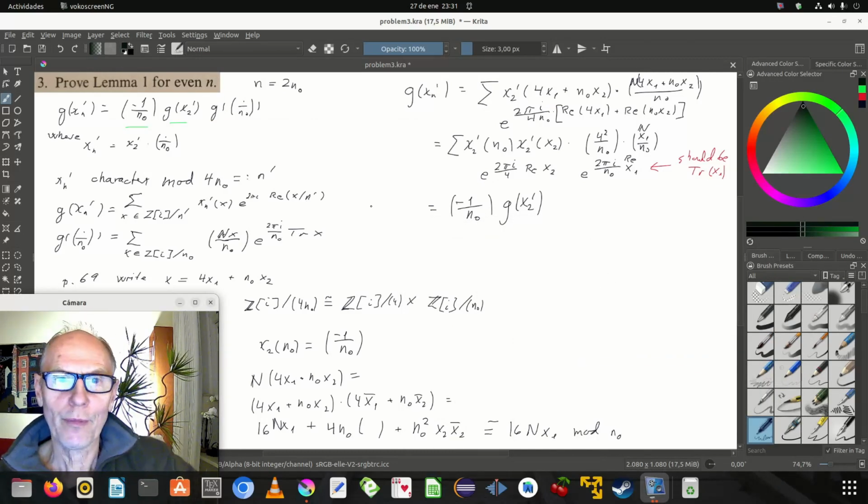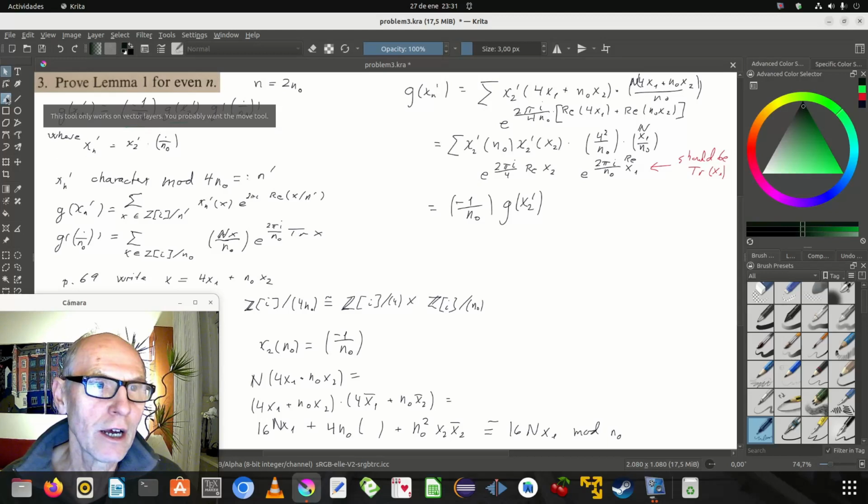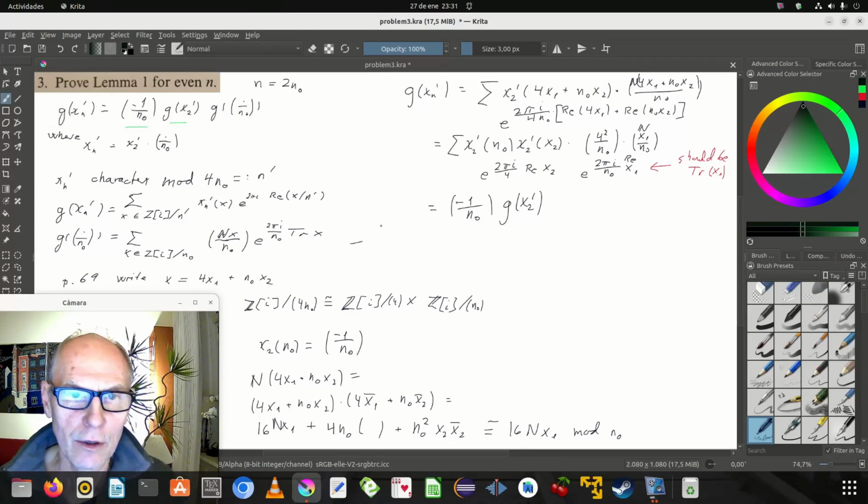Well, I found the error. This trace of x, oops, it should be like this, and trace of x is defined to be the real part of x divided by n naught.